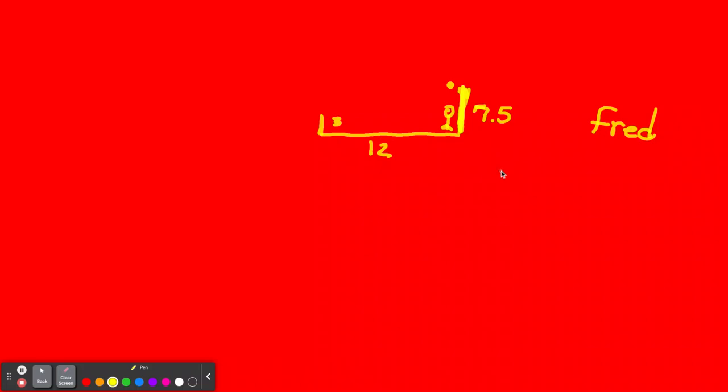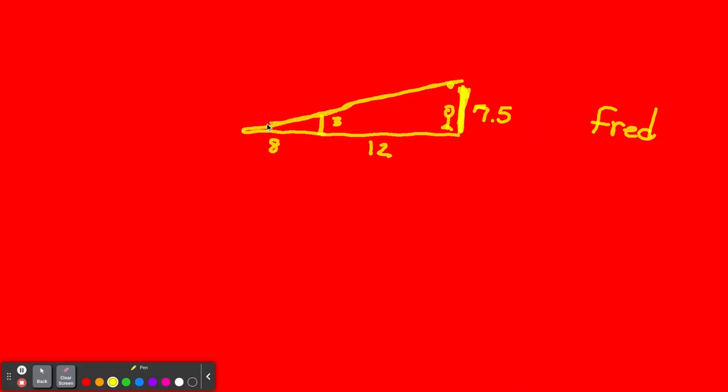So Fred thinks that when he serves this ball at 7.5 feet, it will go 21.4 feet before it hits the ground 8 feet from the net. So 8 feet from the net, that's 8 feet there. And here it's saying that this ball is going to travel, so now we have our triangle, right?